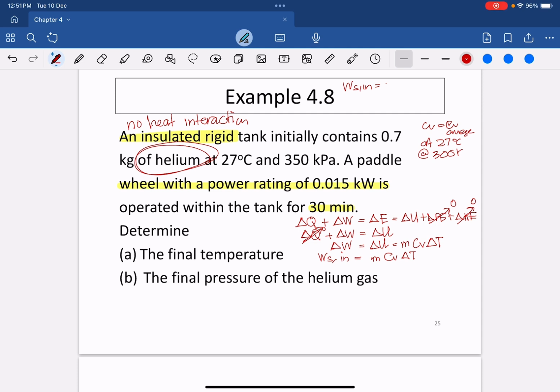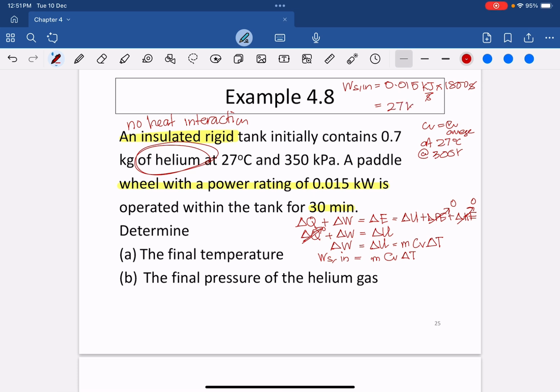Work is power times time. So 0.015 kilowatt, which you can write as kilojoule per second, times 30 minutes, which is 1800 seconds. This gives 27 kilojoule.